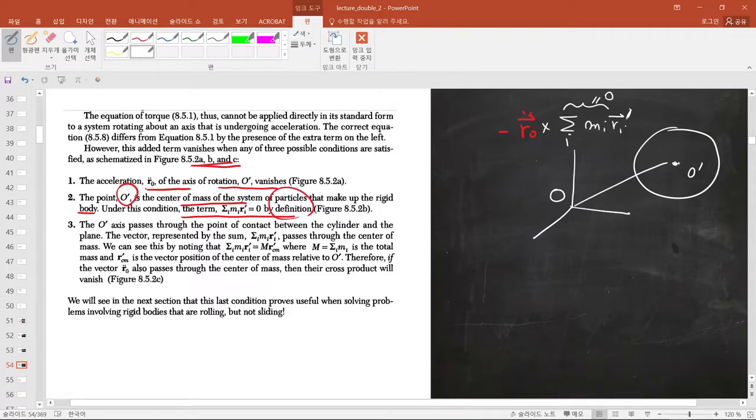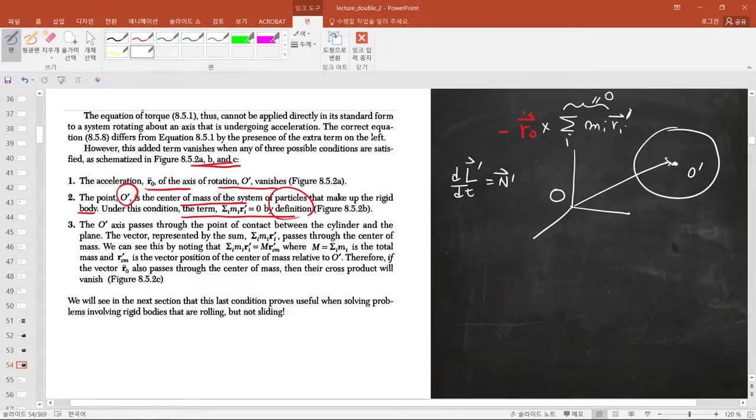When you set up the equation of motion for this point and calculate L prime, it will always satisfy this relation: you calculate angular momentum with respect to this point and then differentiate with time, and it will always give you the torque around this point.